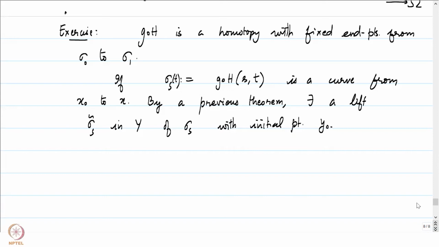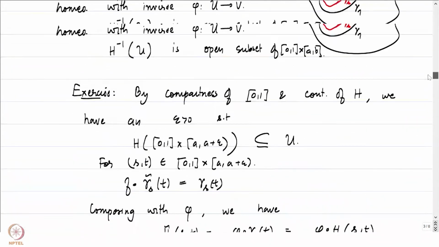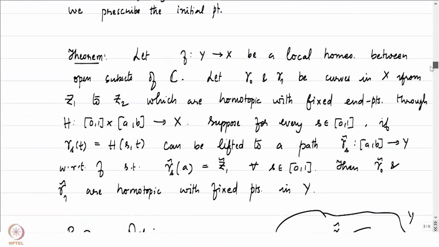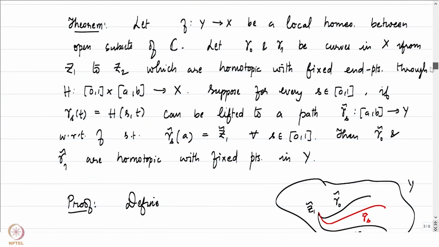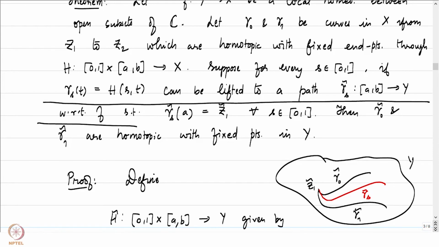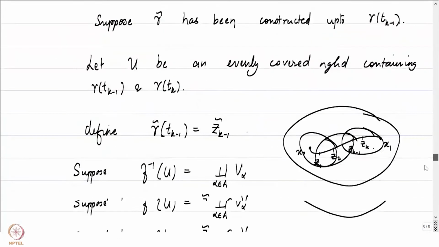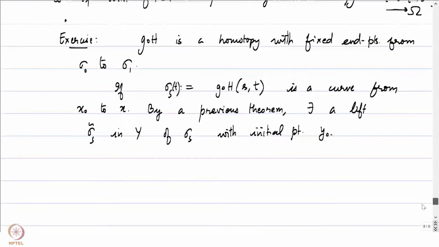Let me now go back a few theorems and show you that this entire homotopy can now be lifted. There was a theorem which we proved earlier wherein for any local homeomorphism, we can lift the entire homotopy if each gamma s can be lifted to a path gamma s tilde, then the entire homotopy can be lifted to a homotopy with fixed endpoints in capital Y. So always remember that a covering map is in particular a local homeomorphism as well.